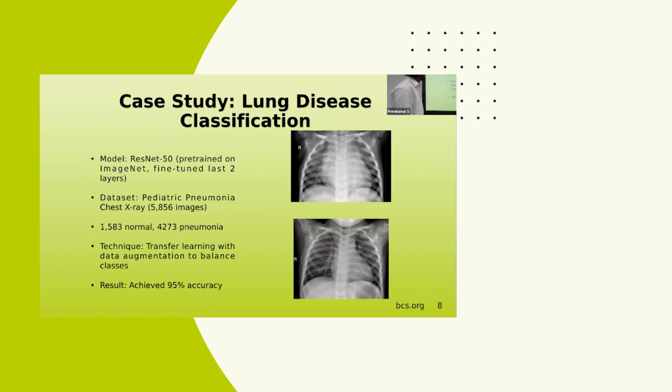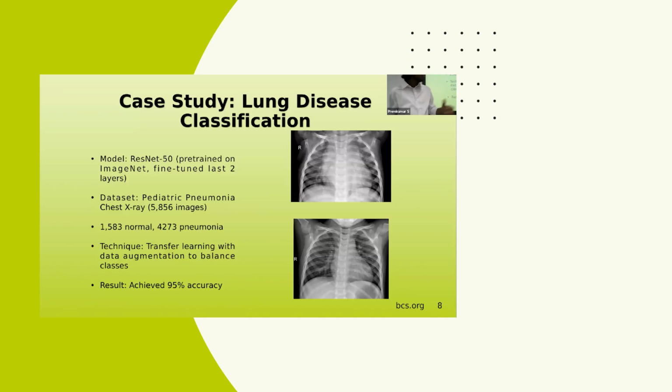So yeah, this is the project that I've been working on for a while. I created a classification model that can classify between pneumonia and normal X-rays. Here I use ResNet 50, a pre-trained model that has strong performance in classification.